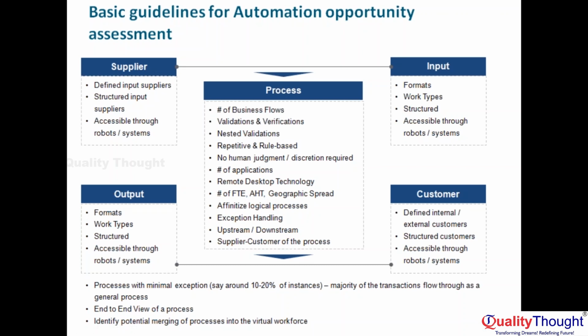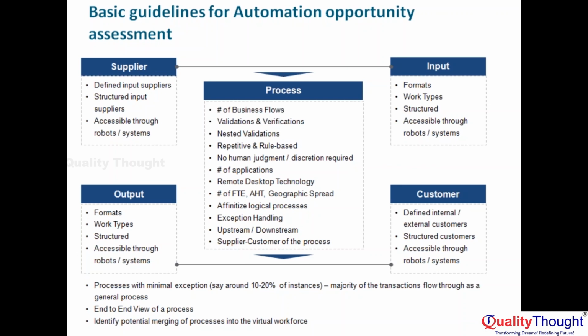Number one, business flows. How many business flows are in your process? Example, my process is to automate sending an email. Process flow 1, send email without attachment. Process flow 2, send email with attachment.